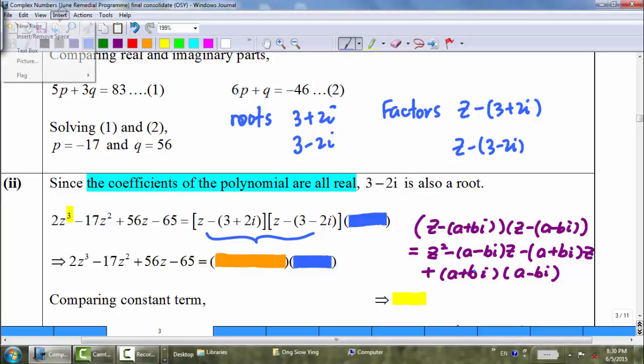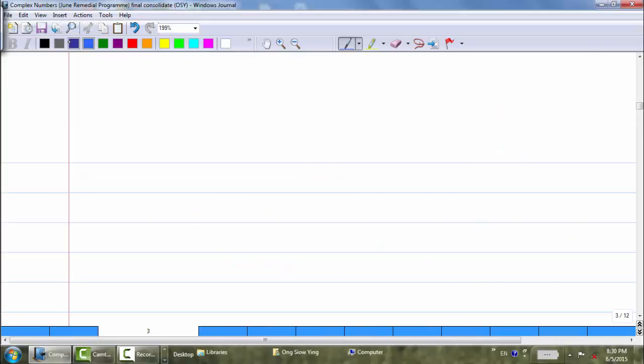There are some important ideas based on that. If you have factors which consist of roots that are conjugates of each other, for example, one of the factors is z minus bracket a plus bi, and the other factor is z minus bracket a minus bi, when the roots are complex conjugates, then when you expand out these two linear factors, what would you get?